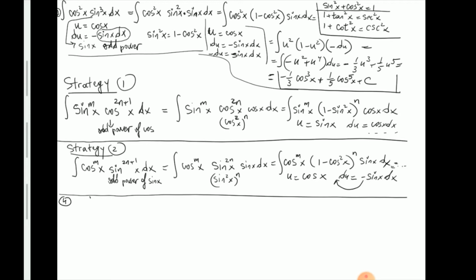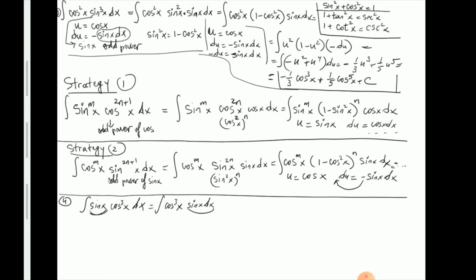Okay, so say you have the integral of sine of x cosine cubed x. I can use either strategy 1 or strategy 2. Actually, the easiest one is to use strategy 2 because you already have sine separated and cosine. So if I use strategy 2 and I have to save a sine of x separately with dx, it's already there in this format. So because there is no extra sine, I don't need to use the identity anymore, sine squared equals 1 minus cosine squared.